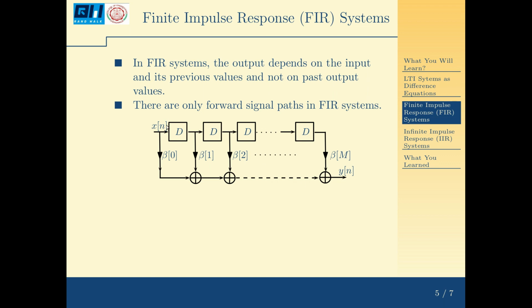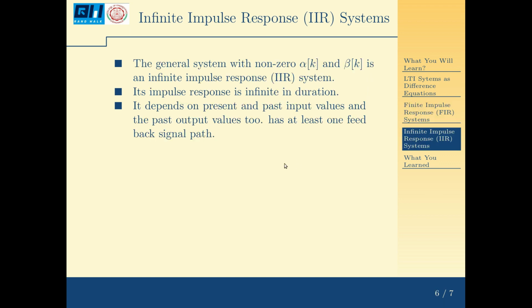Or else, if I have m delays here, it can have m delays to reach the output y[n]. That means the length of the impulse response is finite. It is m. So this is how I picture an FIR system.